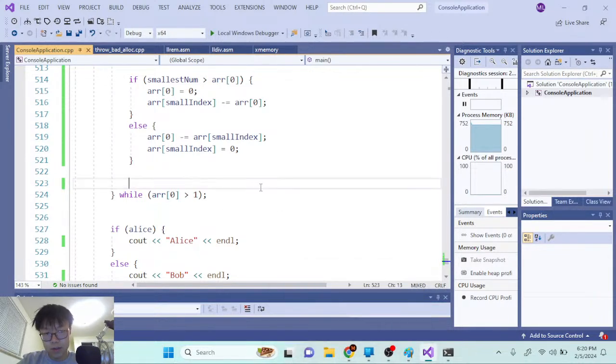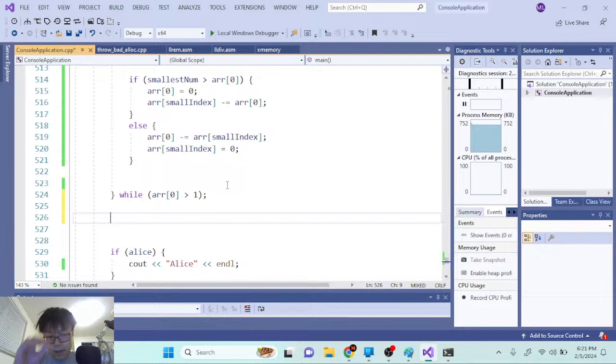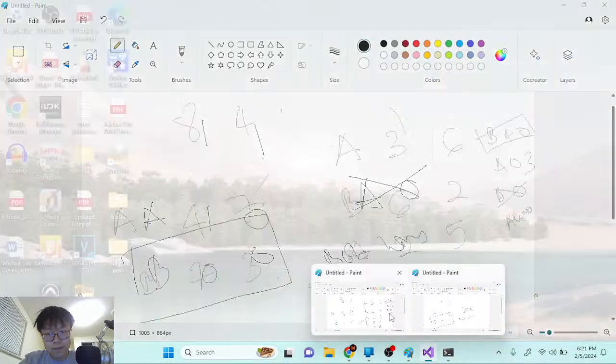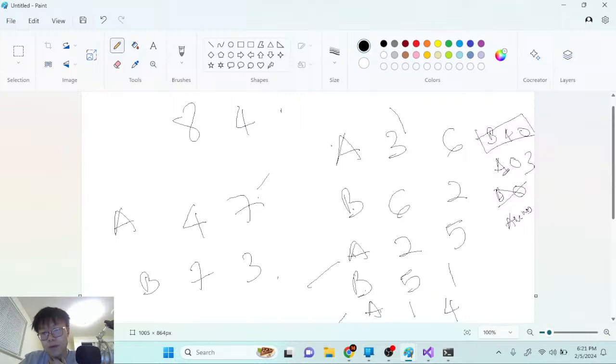So we need to do one more iteration, and we know it's not Alice's turn anymore. So Alice is going to not equal to Alice, right? So we get 0.